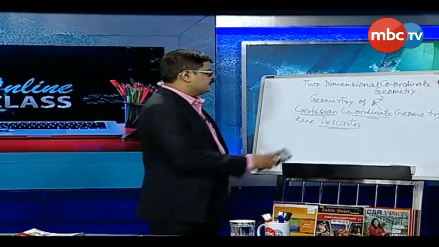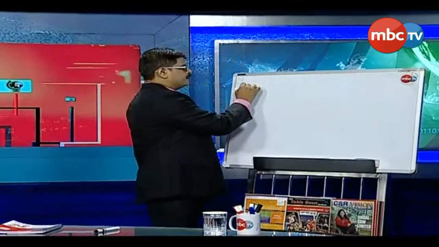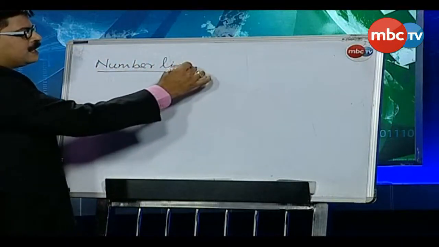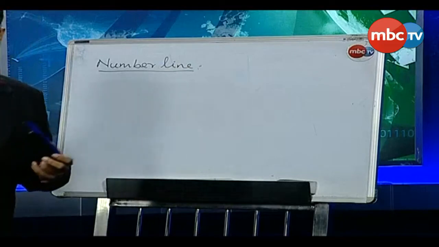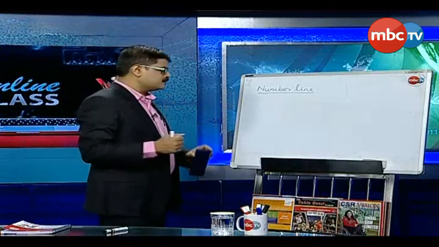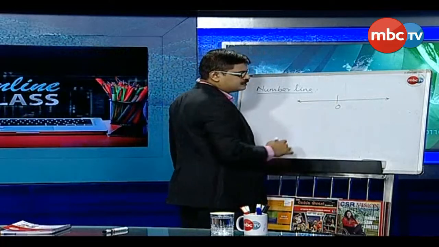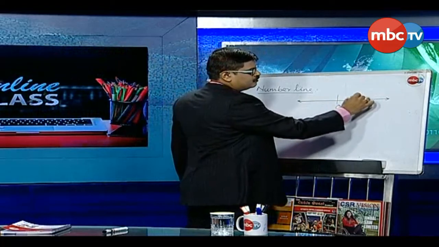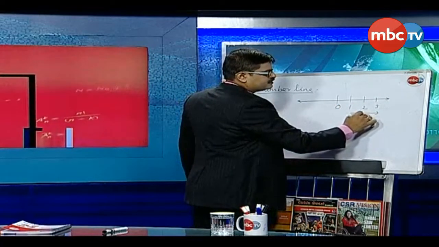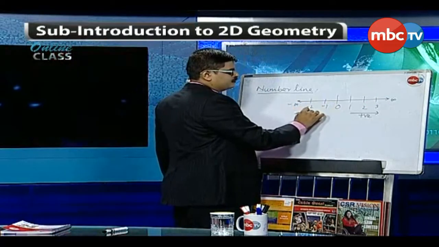Before that, let us discuss what is a number line. You all know what a number line is. As we know, a straight line has infinitely many points. Also, we have infinitely many real numbers. So we take a straight line, put 0 here, then put numbers in equal gaps, positive towards the right of 0 and negative towards the left of 0.